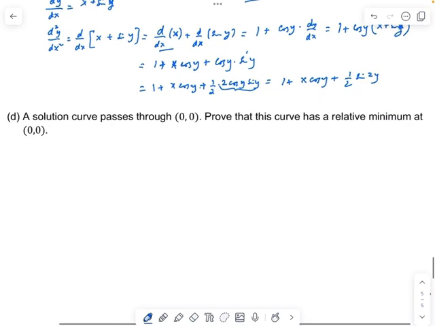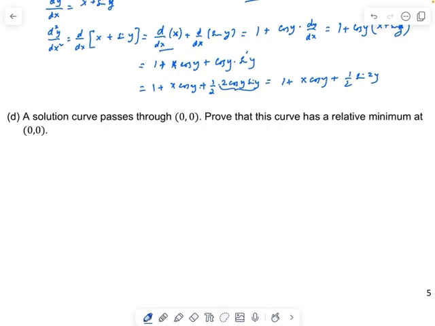The next one is saying a solution curve passes through 0, 0. Prove that this curve has a relative minimum at 0, 0. Okay, let's see. How do we find that? Does anyone remember that? Because we already know the second derivative here, we are going to use the second derivative test.